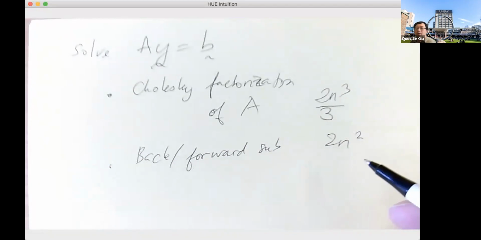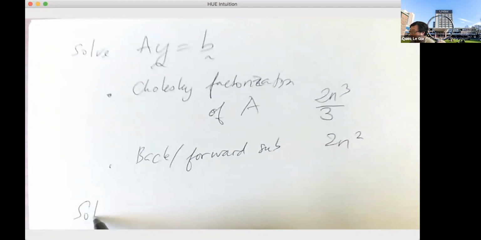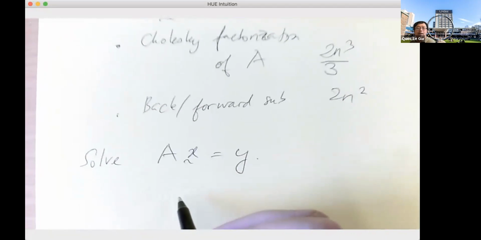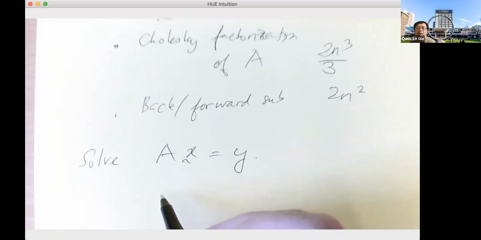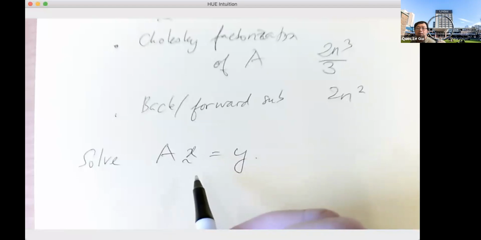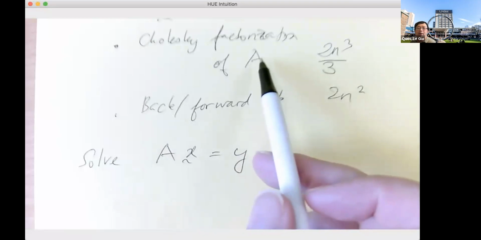Now after that, you solve Ax equals y. Do you need to compute the Cholesky factorization again? No, because you computed it already.